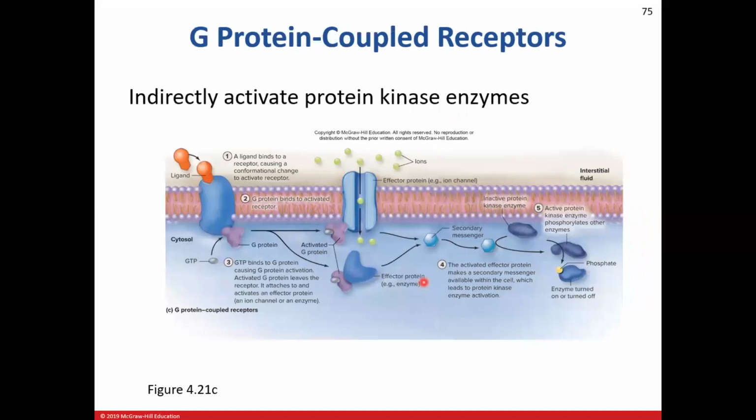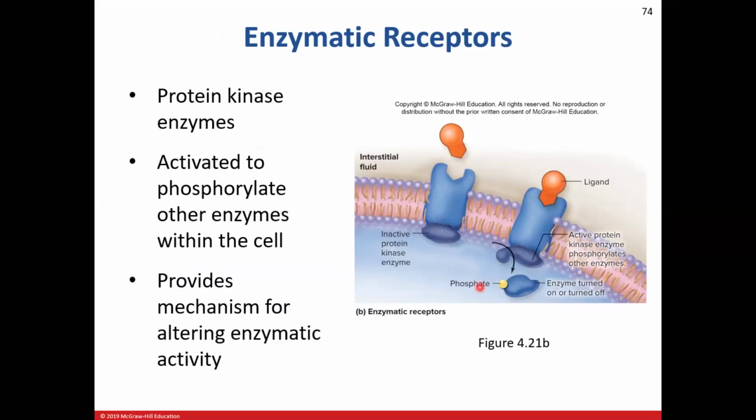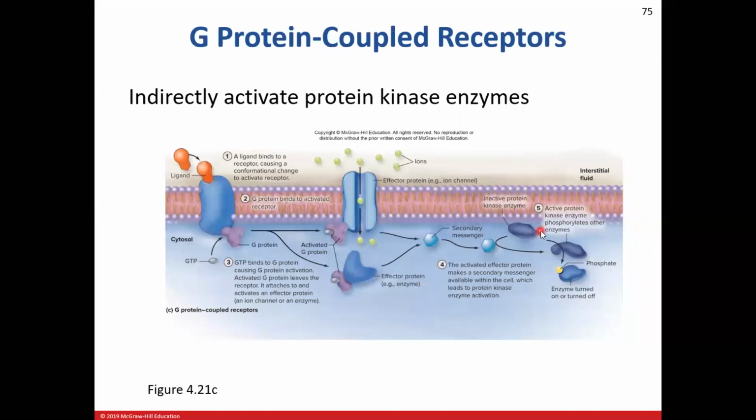Our next one is a G protein coupled receptor. What a G protein coupled receptor does is it indirectly activates the protein kinase enzyme. So let me scroll back once. In this case, we directly activate the kinase enzyme on the particular protein. With a G protein coupled receptor, we do this indirectly.